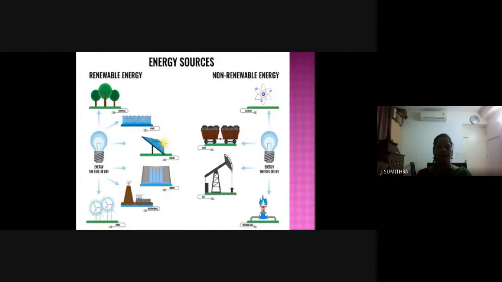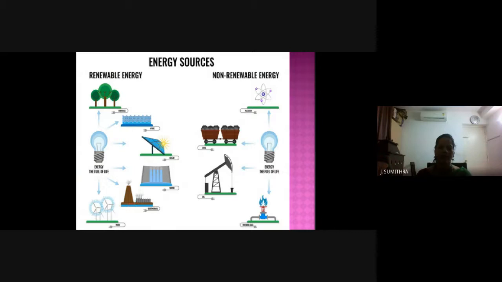From the name itself, it is very clear this subject deals purely with energy sources. Coming to the classification, first of all, we should know how the energy sources are getting classified. We have different types of classification. Based on the usability of energy, it is classified as primary and secondary. Based on traditional use, it is classified as conventional and non-conventional.